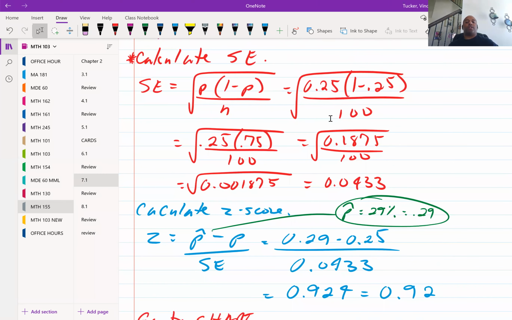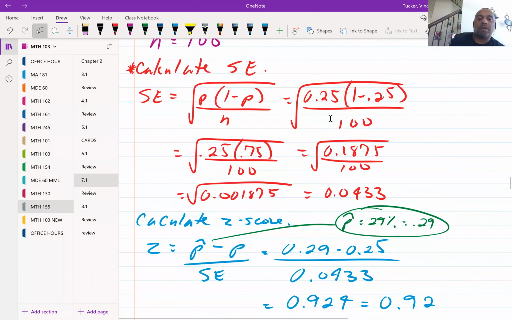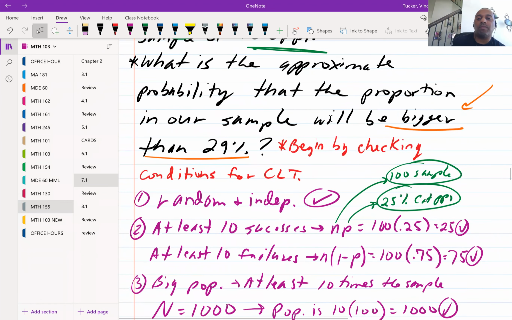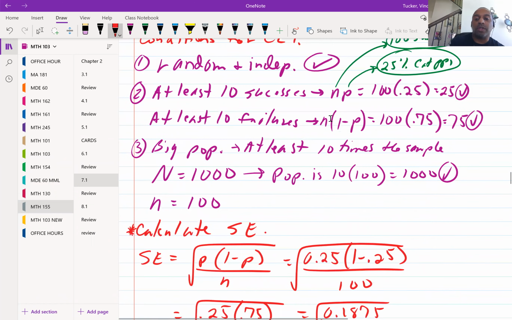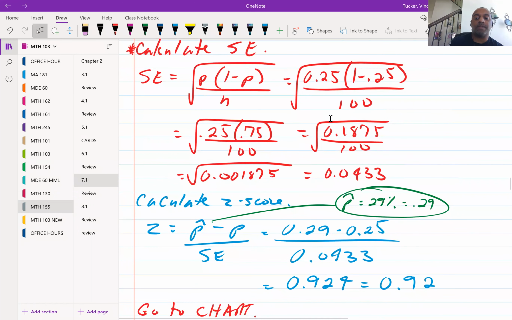Okay, then we want to convert to a z-score. So now, if you go back to the problem, we're talking about bigger than 29%. Remember when we did our z-scores, you have something less than a certain number, or larger than a certain number. So the comparison number is 29%, and we want to know about our sample being bigger than 29% cat people. This is how we would calculate our z-score.